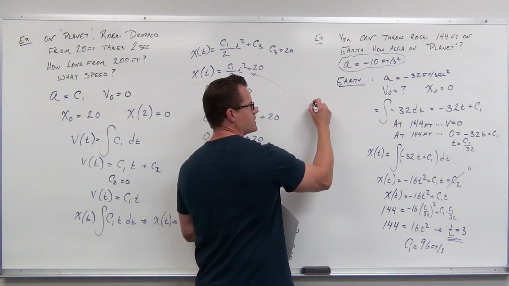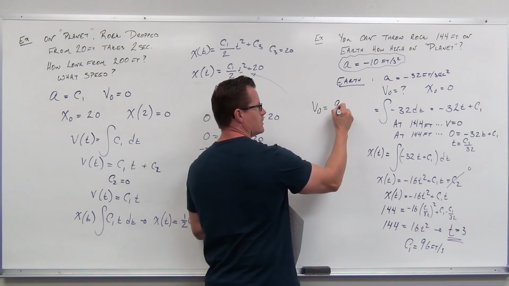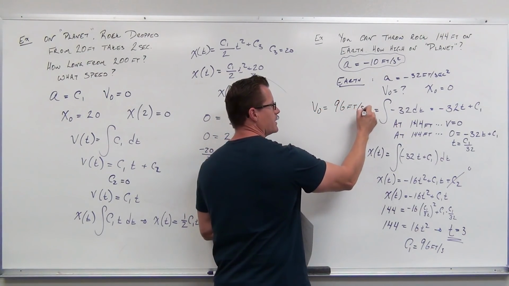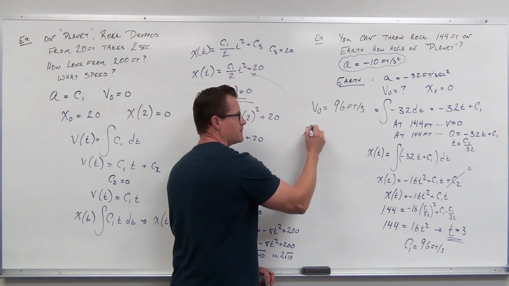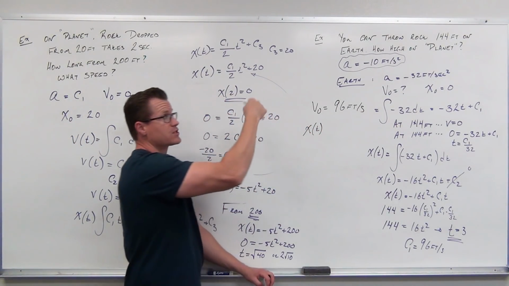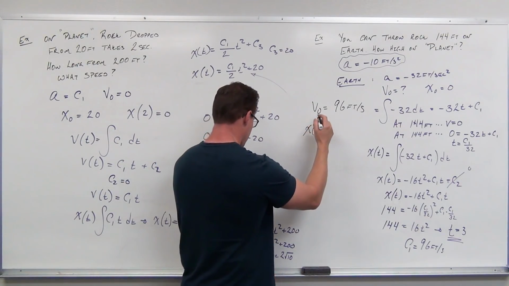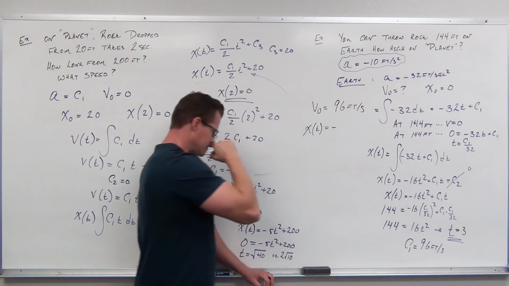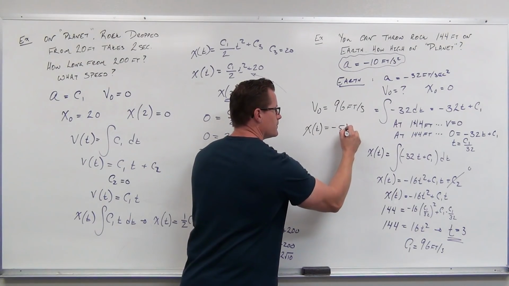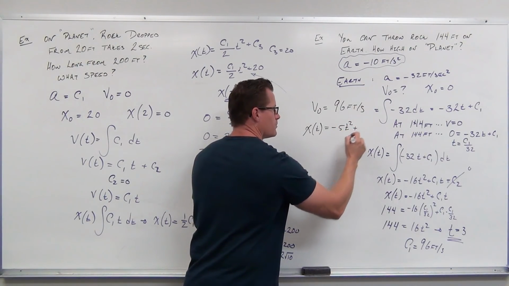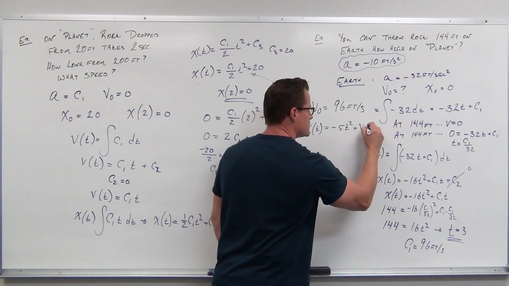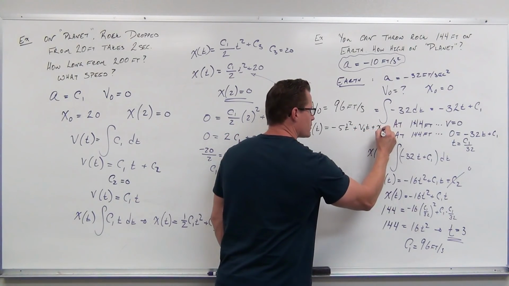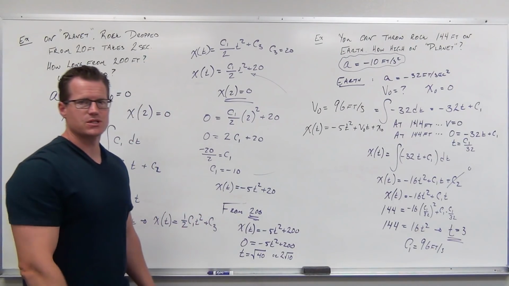Our initial velocity is 96 feet per second. Just notice what we ended with over here. We know that the position function for this new planet, whatever it is, it's just -5 t squared plus whatever your initial velocity is, t, plus whatever your position is, x sub 0.